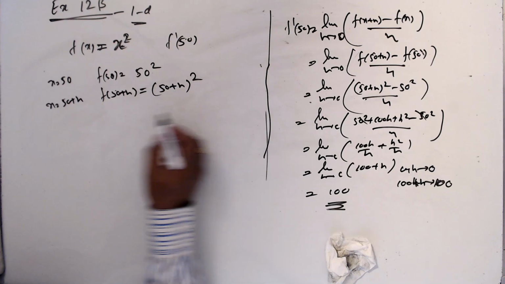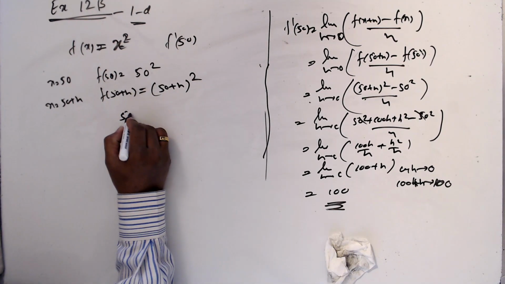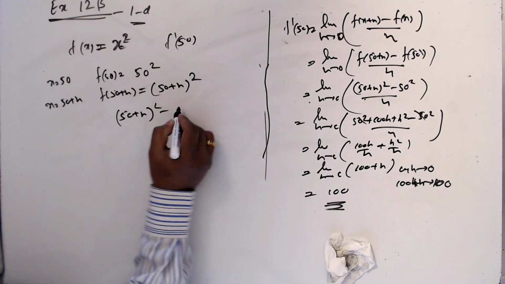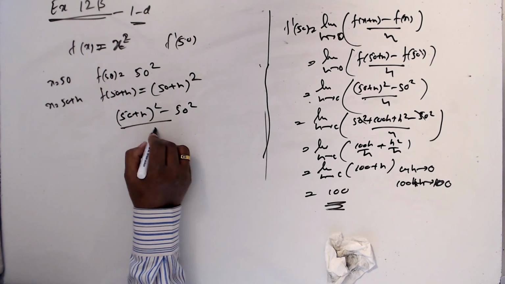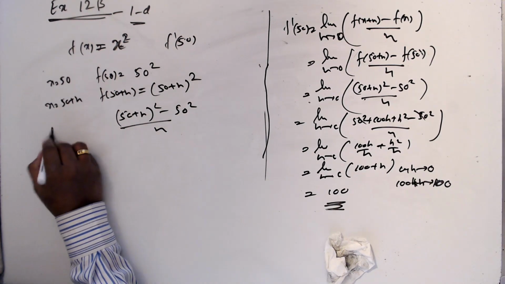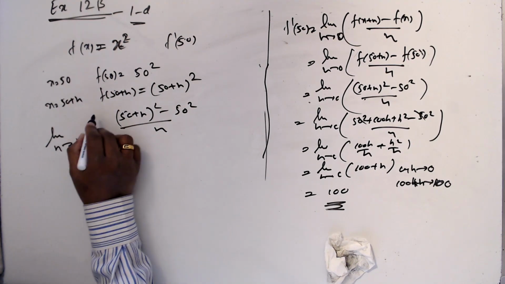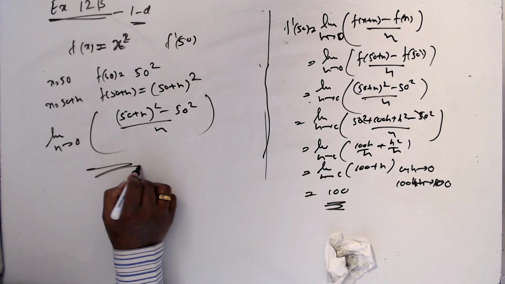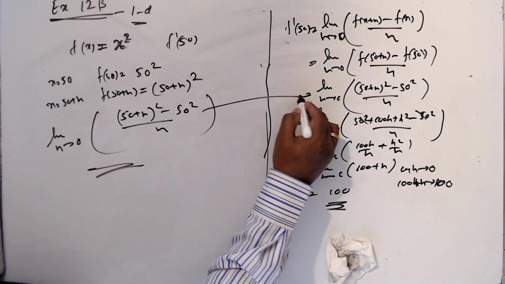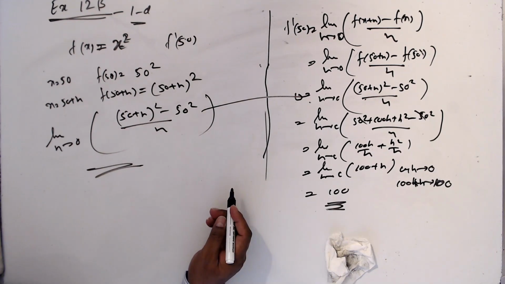Now simply get the difference: (50 plus h) square minus 50 square over h, then take the limit as h goes to 0. So you can simply approach it that way.